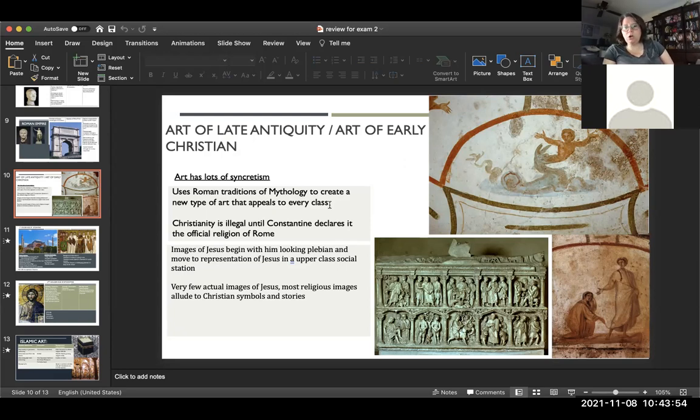As things progress, though, and we look at images of Jesus in mosaics, Jesus starts to look more and more royal. He grows taller, the head gets smaller, and so do the hands.